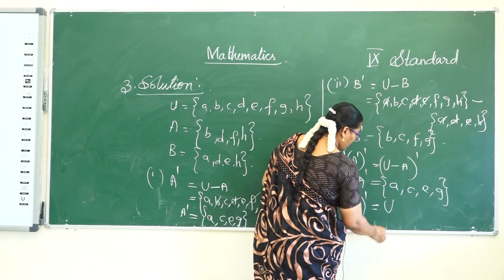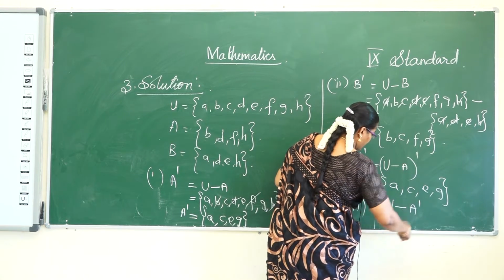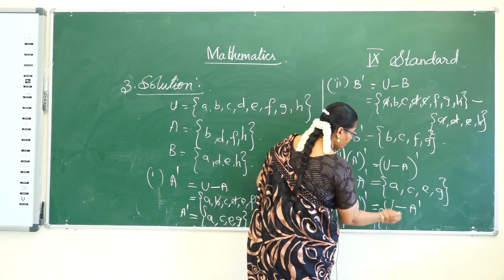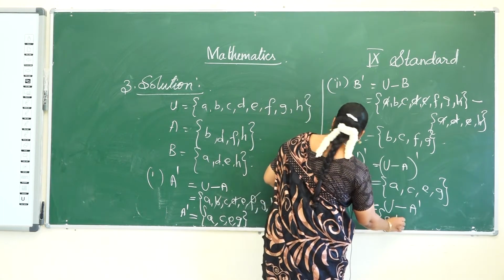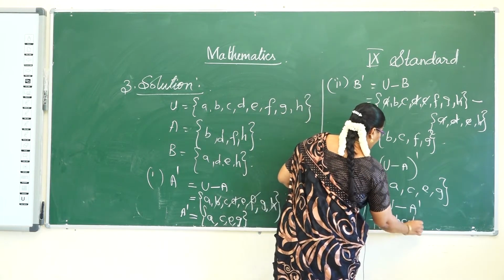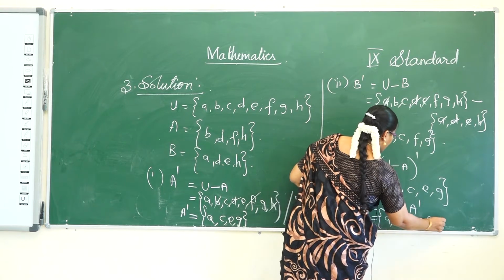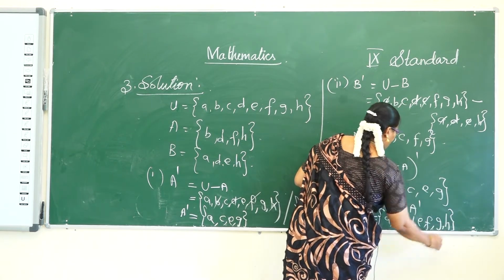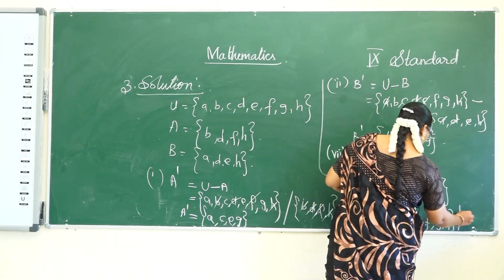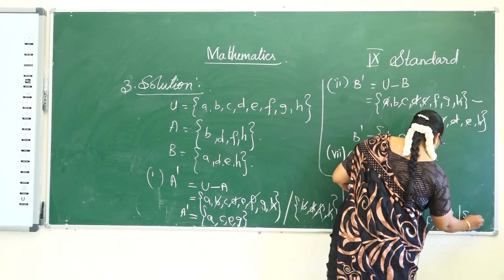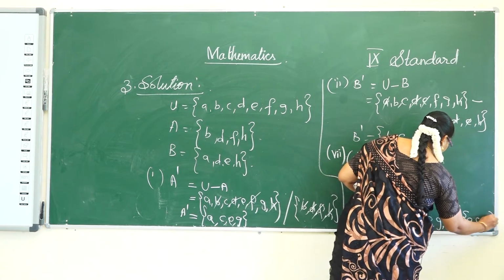So universal set difference of A dash. Here write U, the universal set. The elements are A, B, C, D, E, F, G, H, and the difference is A dash values, which are A, C, E, G.